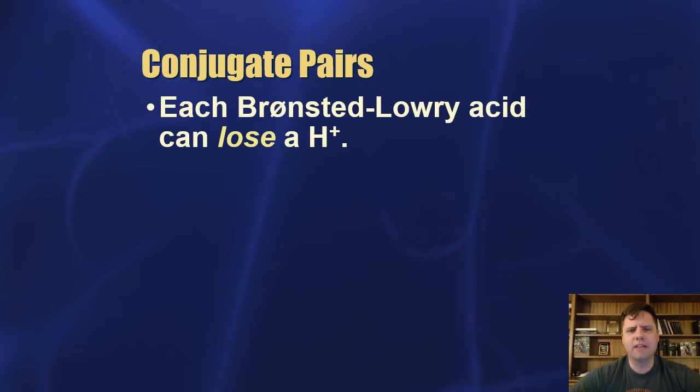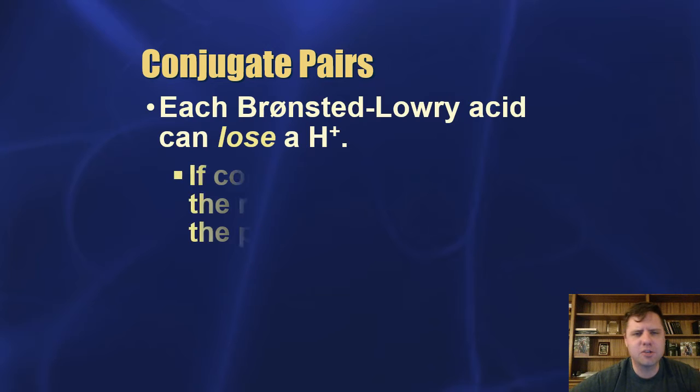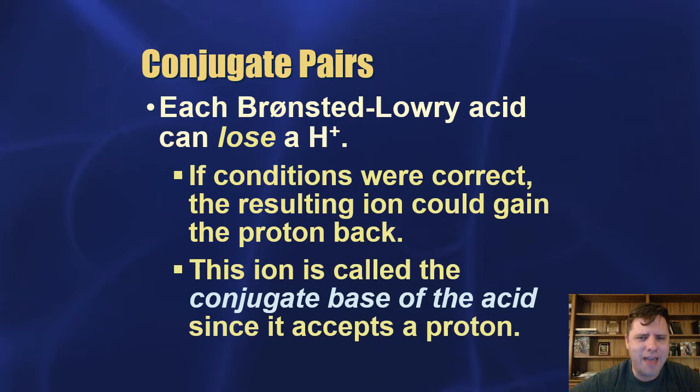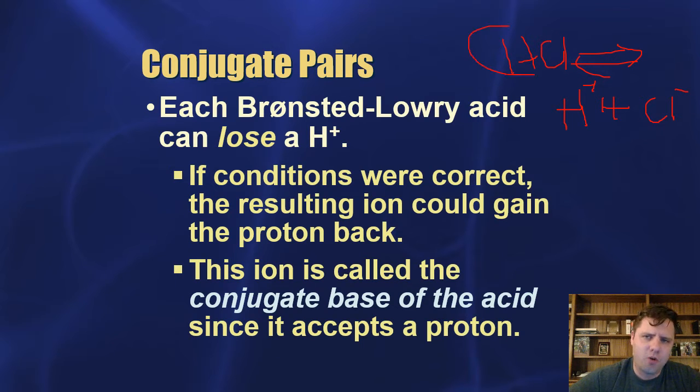So each Brønsted-Lowry acid can lose an H+, and if conditions were correct, the resulting ion could gain the proton back. Thus, the ion is called a conjugate base of the acid since it accepts the proton. So if we had HCl, for example, in water, it could dissociate into H+ and Cl-. But that means if conditions are right, this could also run in reverse, and the Cl- here could pick up an H+ and form HCl.